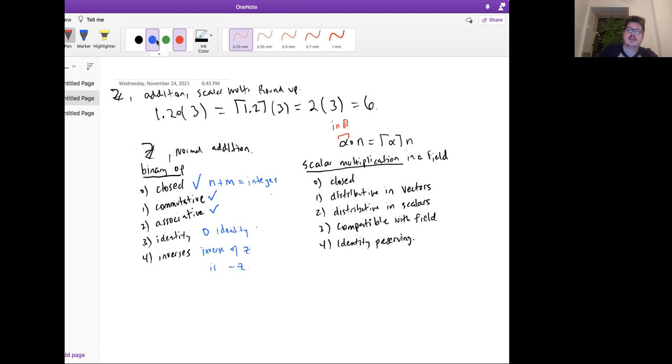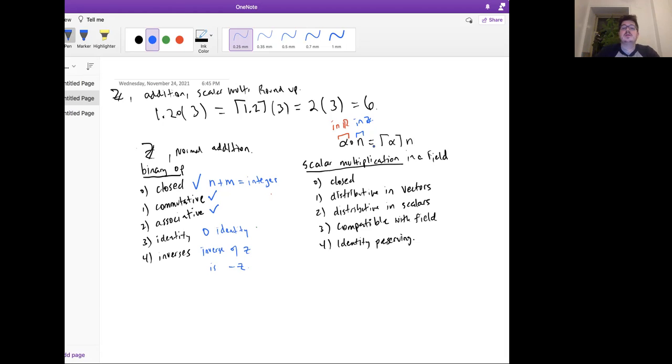What's an example of a scalar times an integer that's not an integer? 0 is an integer, that's fine. Remember, integers are like whole numbers along with negatives.